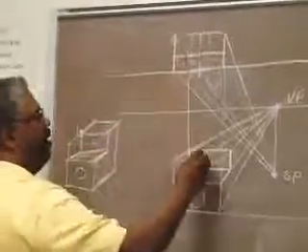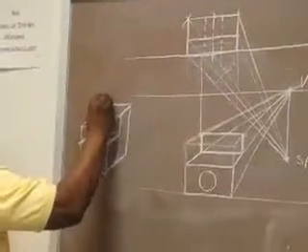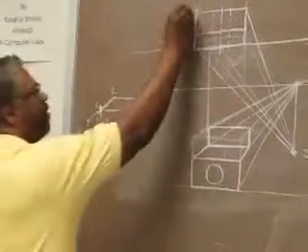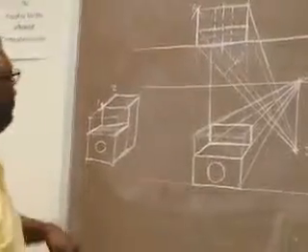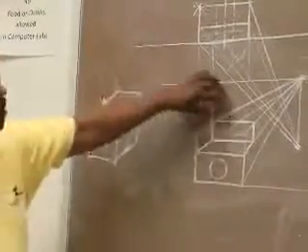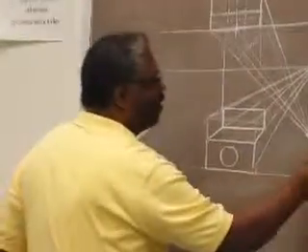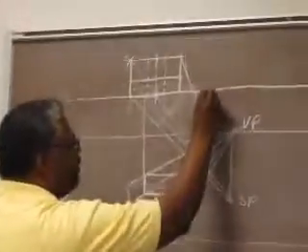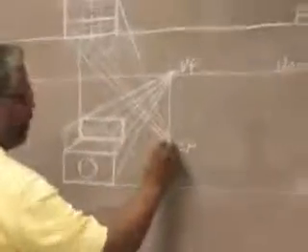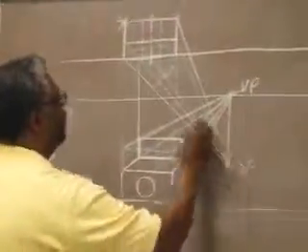So now this is the back corner of this. So this is my back corner here. We'll just call it 2. Well, to locate this back corner on this top surface, I project this line down where it crosses my picture plane, and project it down to where it intersects your station point.